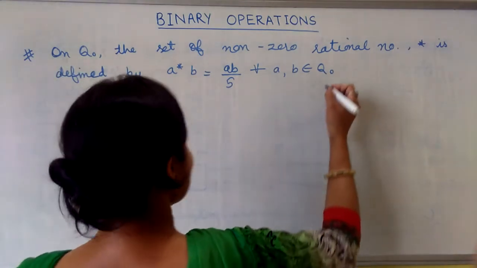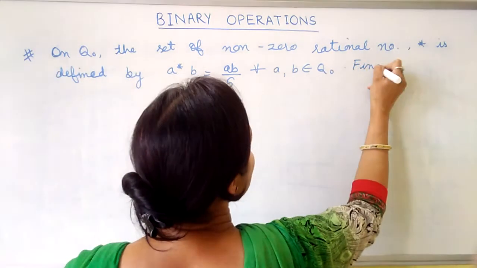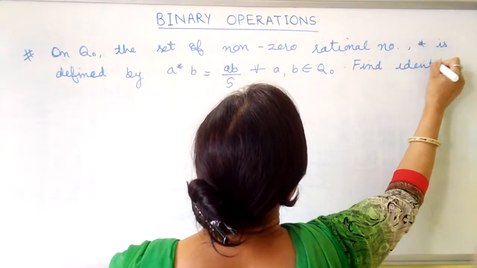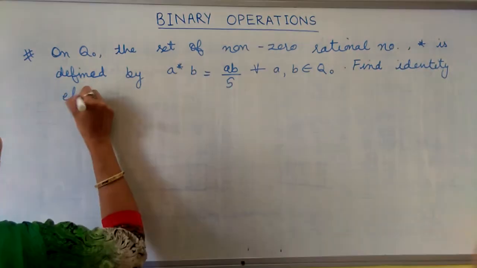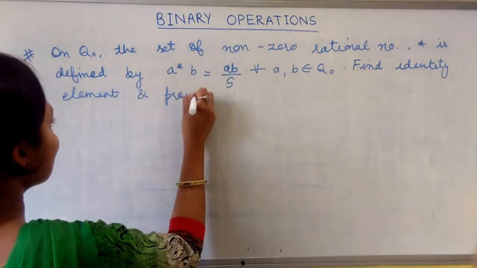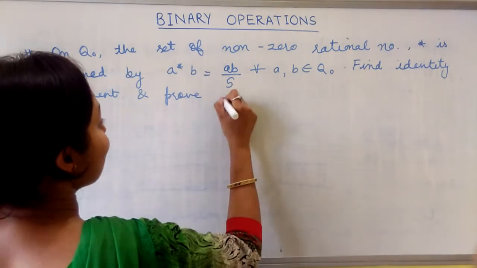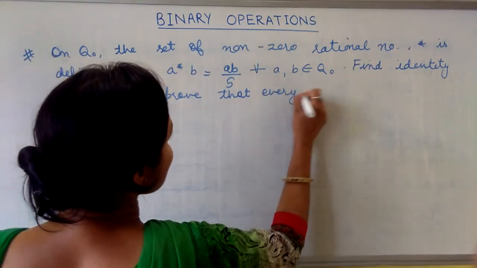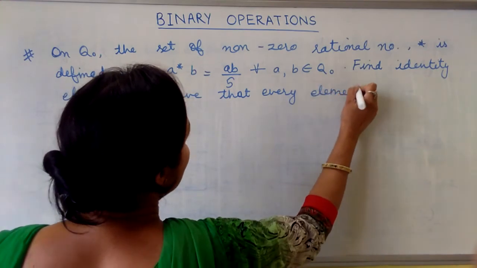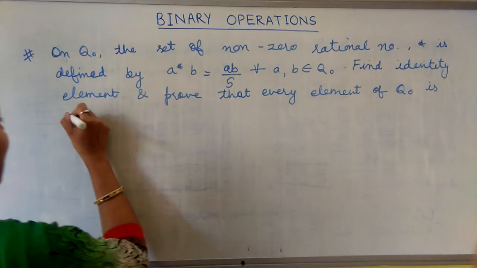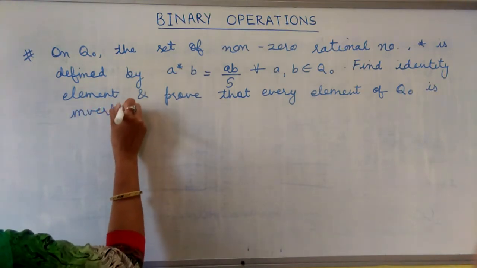Find the identity element and prove that every element of Q naught is invertible. How can we show that it is invertible?